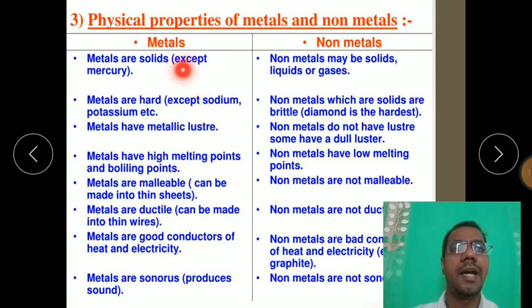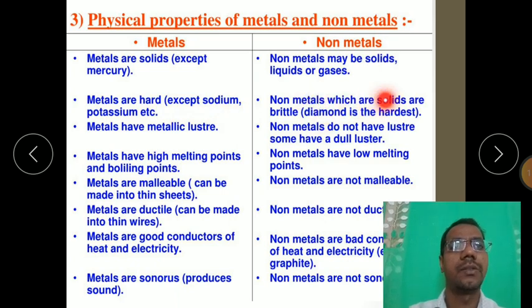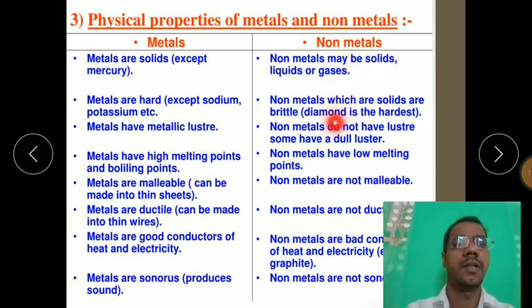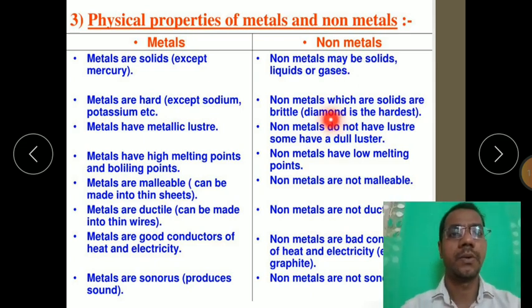The next, metals are hard. As they are in a solid state, they are hard, with some exceptions, sodium and potassium. But non-metals, those which are present in a solid state are brittle. But one exception is diamond, it is the hardest form of the non-metal, or the hardest form of carbon.